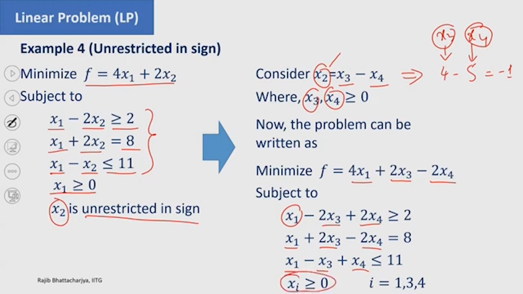And here now xi ≥ 0, i = 1, 3, 4. So, 2 is not there. Now we have variable x1, variable x3 and variable x4.